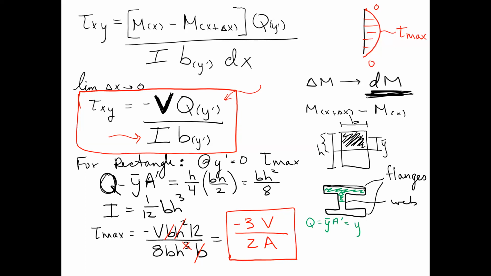So this is going to be Y bar 1, area 1, plus Y bar 2, area 2, where I would treat this flange as area 1, and this small portion of the web, or half of the web, would be my area 2. It'd be similar for a T.